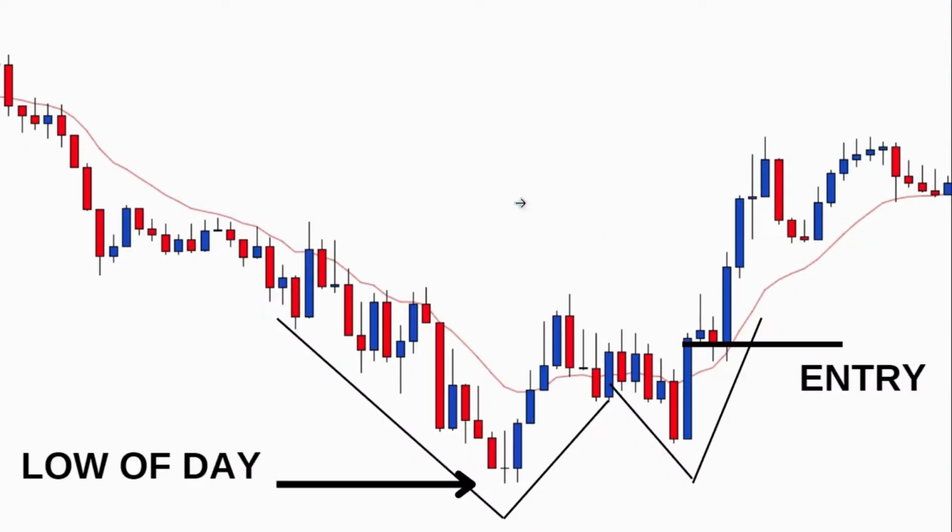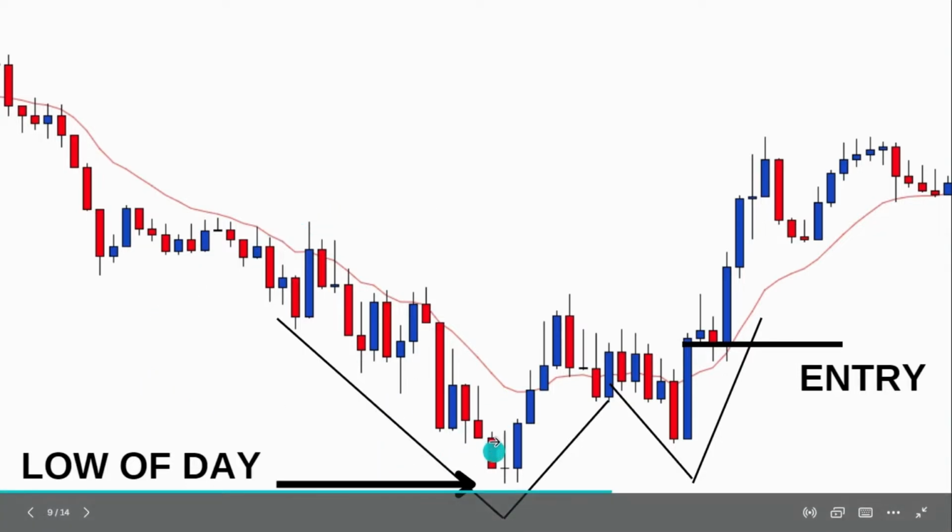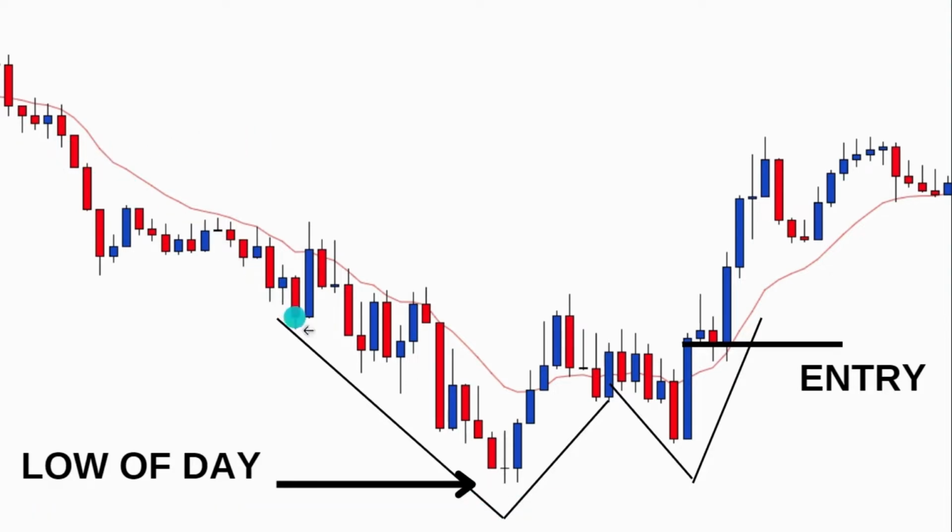So, jokes aside, we have the low of the day here, right? And you can see this is a downtrend. The market's been going down, and then it forms the low of the day and then goes back up, closes above. You can see it closes above the 13 EMA. The red moving average is the 13 EMA.